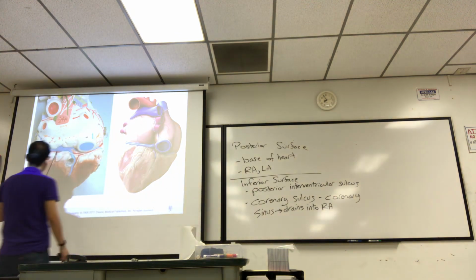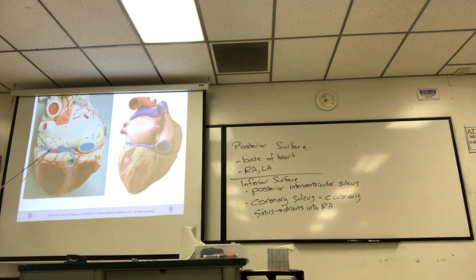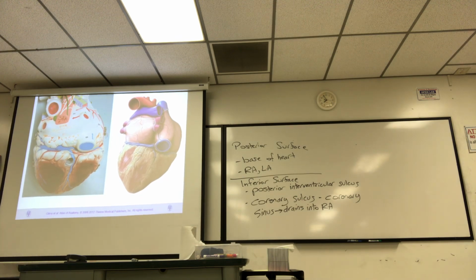It's number 34 right there, right? But it's this blue vein, and it's in the coronary sulcus. It's pretty much the border between atria above and ventricles below.